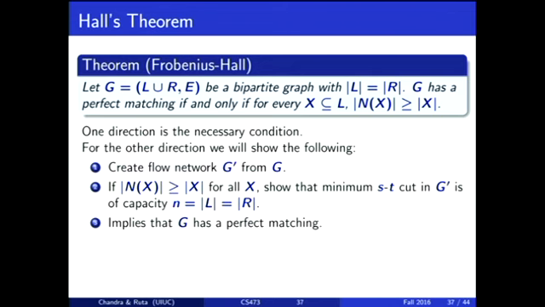Why is that intuitive? Look at it this way. When does a graph have a perfect matching? It means that in the reduction we did, the flow has to be equal to the size of the left-hand side, which should be equal to the size of the right-hand side. That's when we know that there is a perfect matching in the graph. But we know the value of the flow is equal to the value of the min cut.